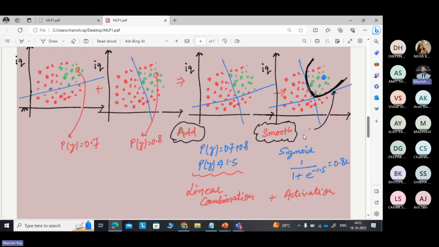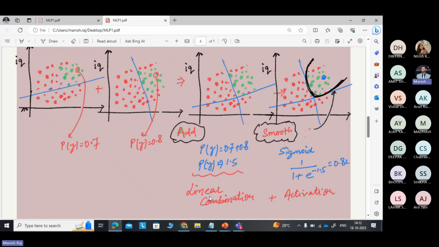In ANN terms, for two linear perceptrons that have some answers, you do the linear combination, and after that you put it in a function, which you can call the activation part. You activate that part to get this type of curve. So you are smoothing.